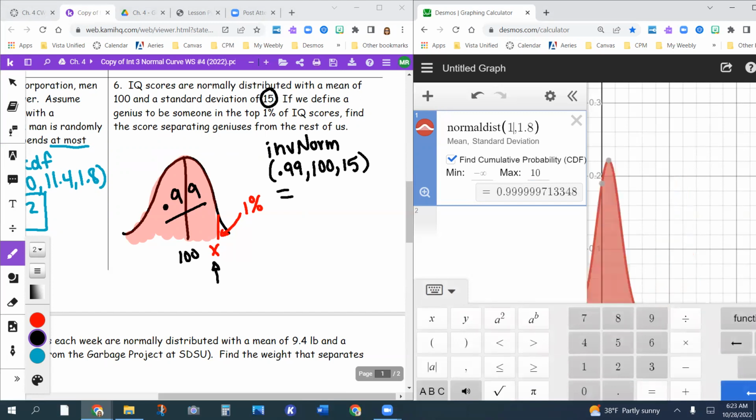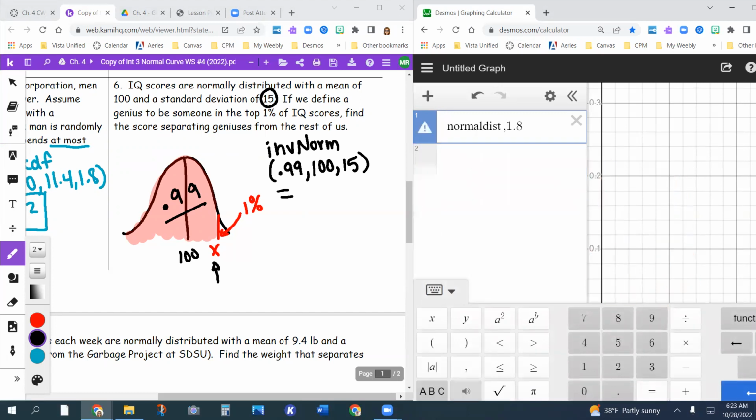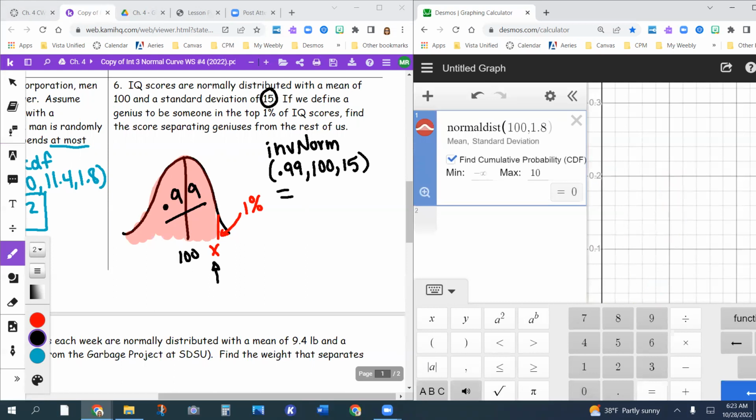What I am going to do here is I need the normal distribution where our mean is 100 and our standard deviation is 15.